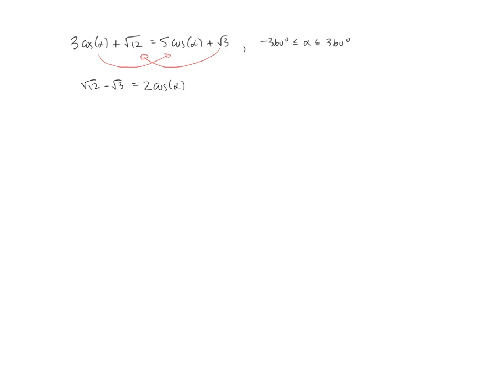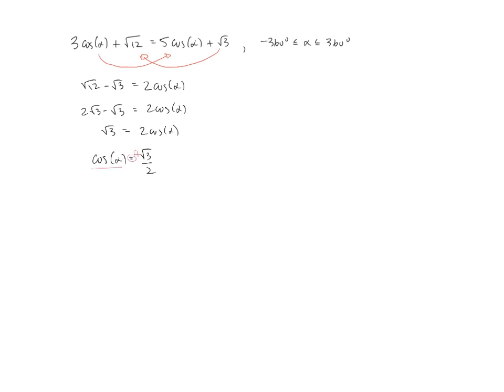We know the square root of 12 is 2 root 3, and so 2 root 3 minus root 3 gives us just the square root of 3. My last step would be to divide by 2, and I would see that cosine of alpha equals the square root of 3 over 2. So a little bit of algebra there, but we're able to get that trig function isolated again. So we'll follow the same pattern.